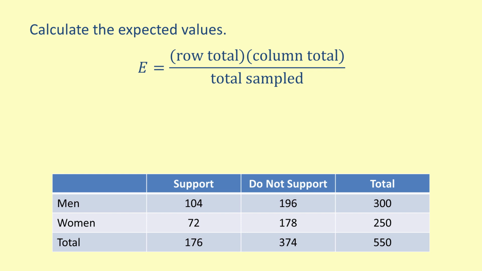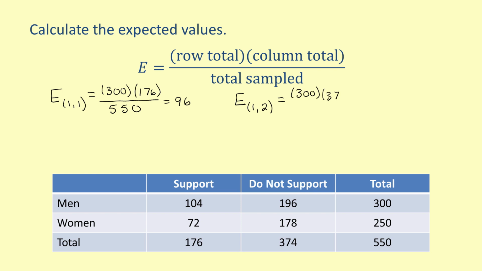The expected value for men who support, denoted E sub 1, 1, equals 300 times 176 over 550, which is 96.